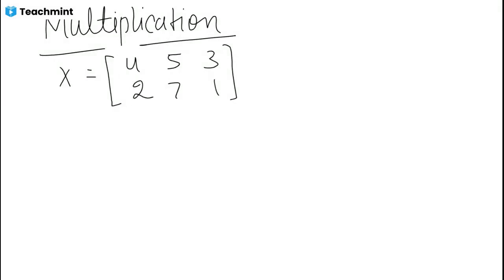If we have x having elements 4, 5, 3, 2, 7, 1, then we have three columns here. So the second matrix should have three rows, because we have three columns in the first.